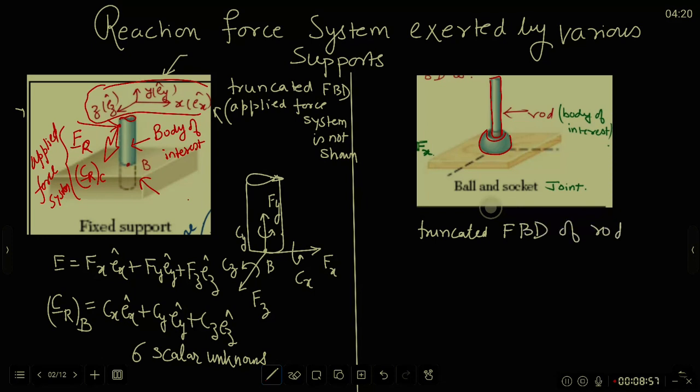Again at point B, I will put Fx, Fy. Now x and y I am referring to the same directions what I had here. Different object, but I am not redrawing my working coordinate system. It's the same. Fz. 3 scalar unknowns. That's all.